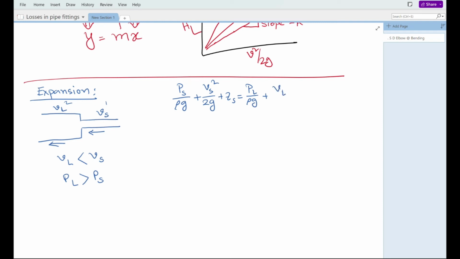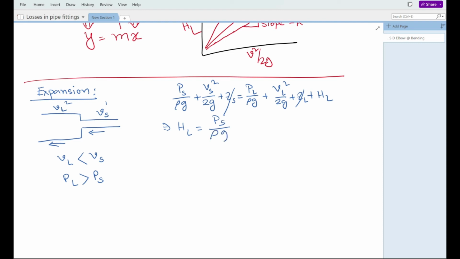So we can write PL divided by rho times gravity plus VL square plus ZL equals PS. We are ignoring the friction loss, so these two cancel out.